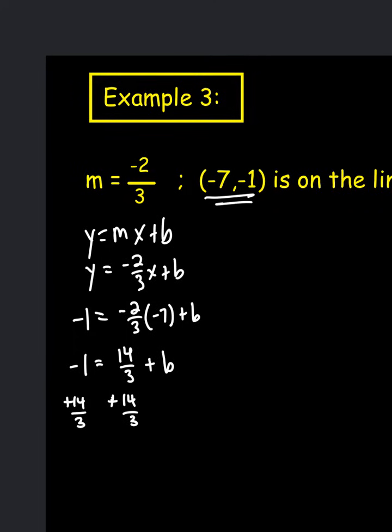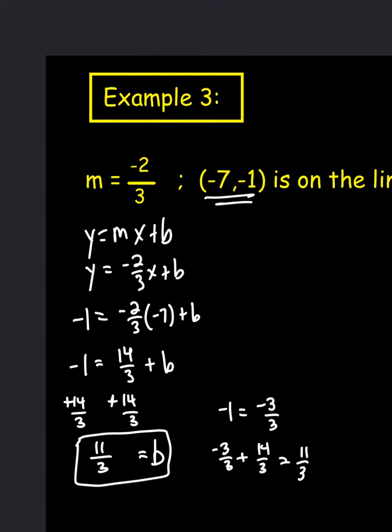So we are left with b equals, so if we have -1 is the same as -3/3. And so really we're doing -3/3 plus 14/3, which would give us 11/3. So our y-intercept would be 11/3. Oh, shoot. I screwed up, didn't I?